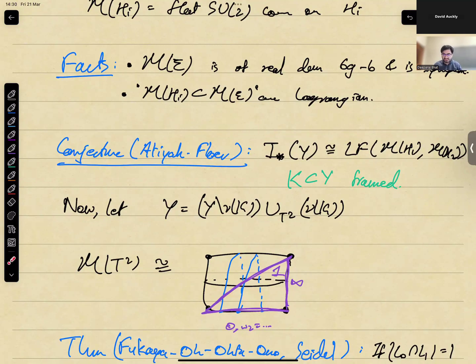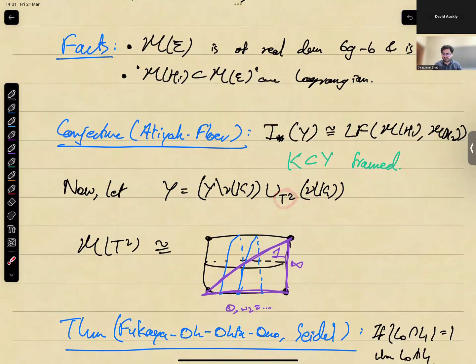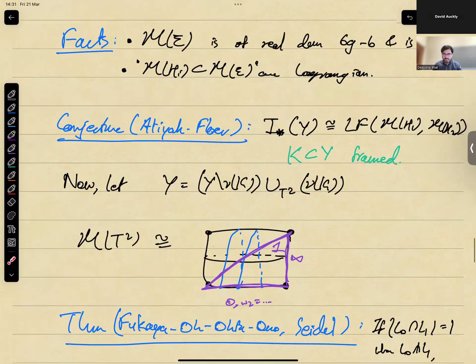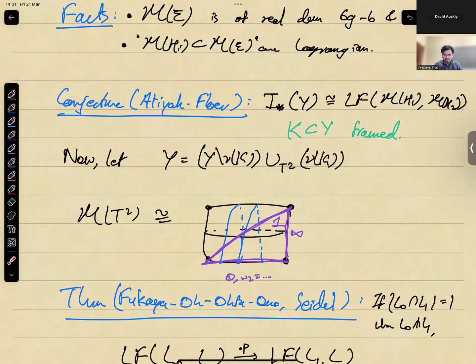That gives us a decomposition of your three-manifold into the knot complement and the knot itself, glued along a two-torus. The gluing data is given by this framing, essentially. And I now recall that the moduli of flat connections on the two-torus, when you mod out by conjugation, is the pillowcase.